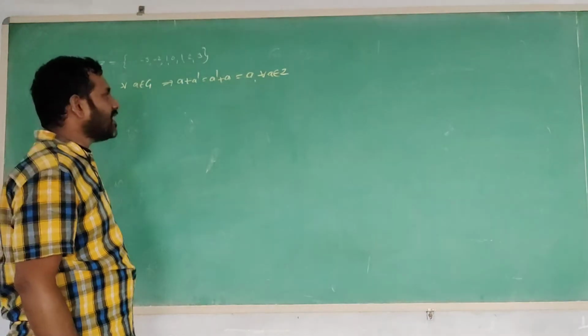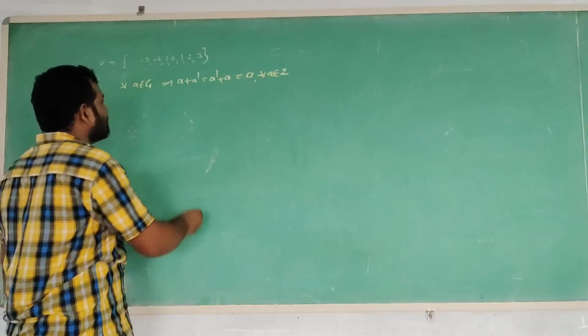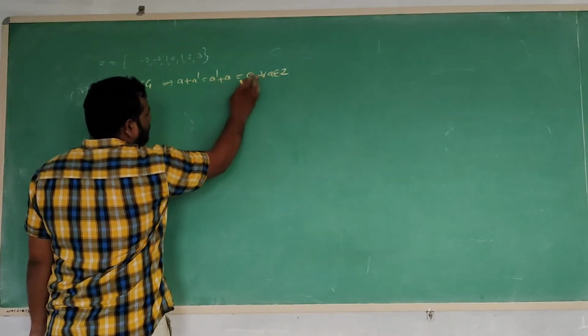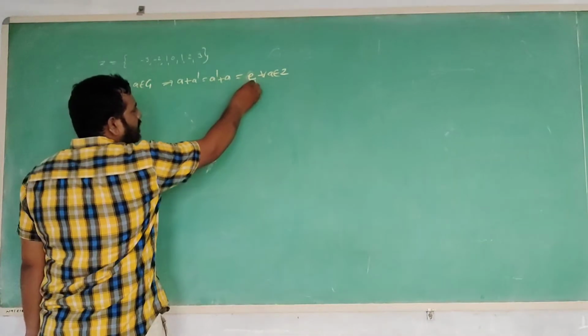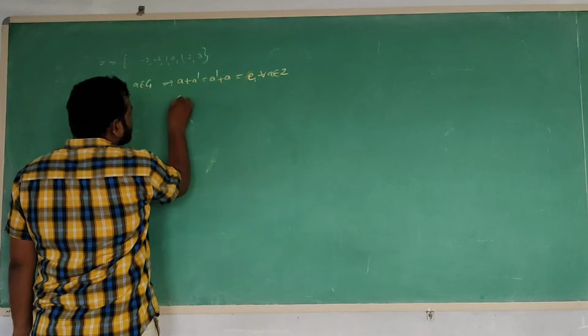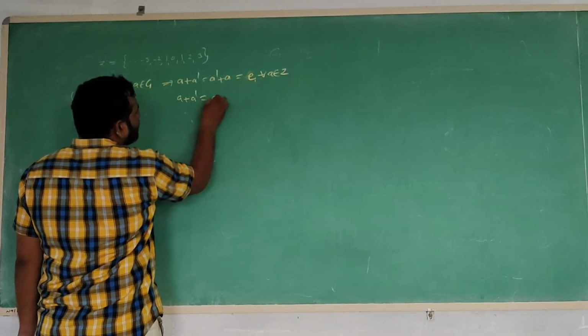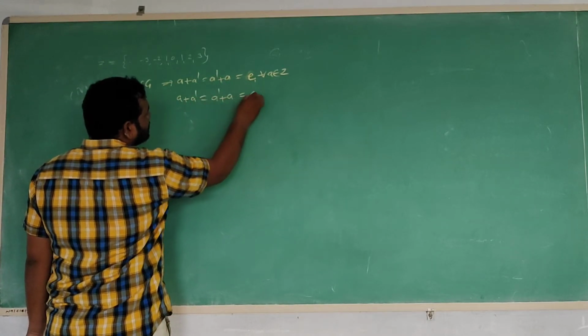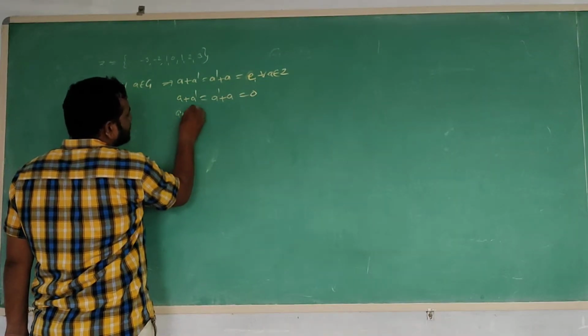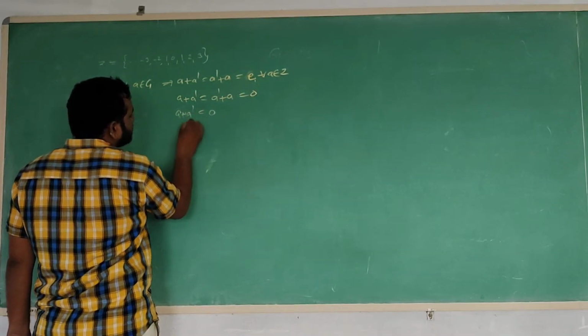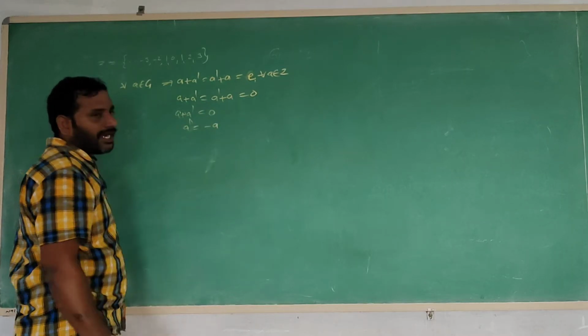Now we can take any element. Here the additive identity e is 0. Taking a plus a dash equals a dash plus a equals 0, a dash is the inverse of a, so a dash equals minus a.